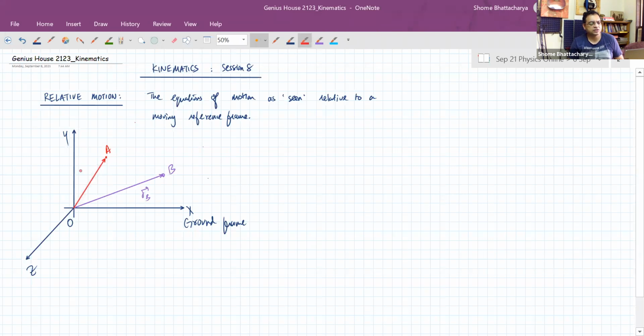So in the most general situation, we'll assume that both A and B are in motion. So this one is moving with some velocity of its own, some acceleration of its own. This one is moving with some velocity. Right. So they are having some individual velocities, accelerations, etc.